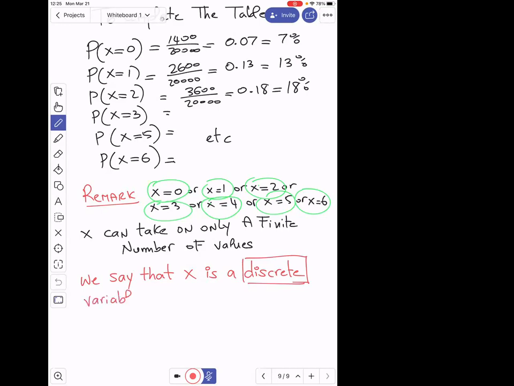Again, discrete variable means that the variable can take on only a finite number of values. Later we'll see examples where your variable x can take on any value, not a finite number of values, but any value in an interval.